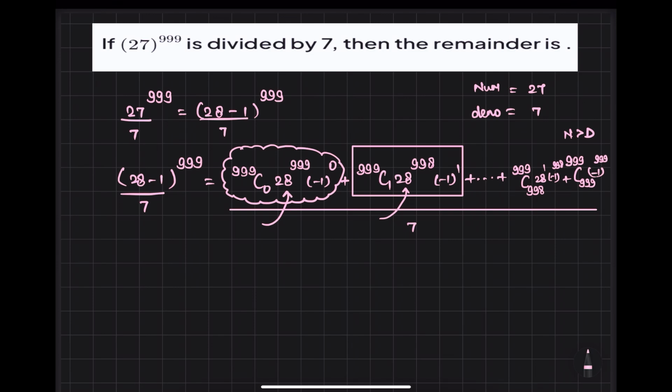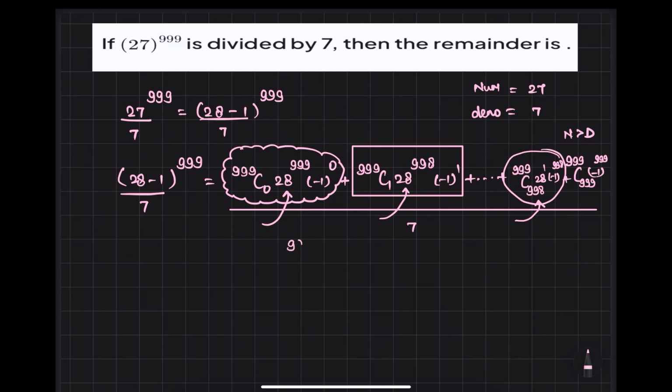So in which part? Now look at the second last term. Here also 28 power 1, so this is also divisible by 7. So the only one left alone is the last member. Who is the last member?